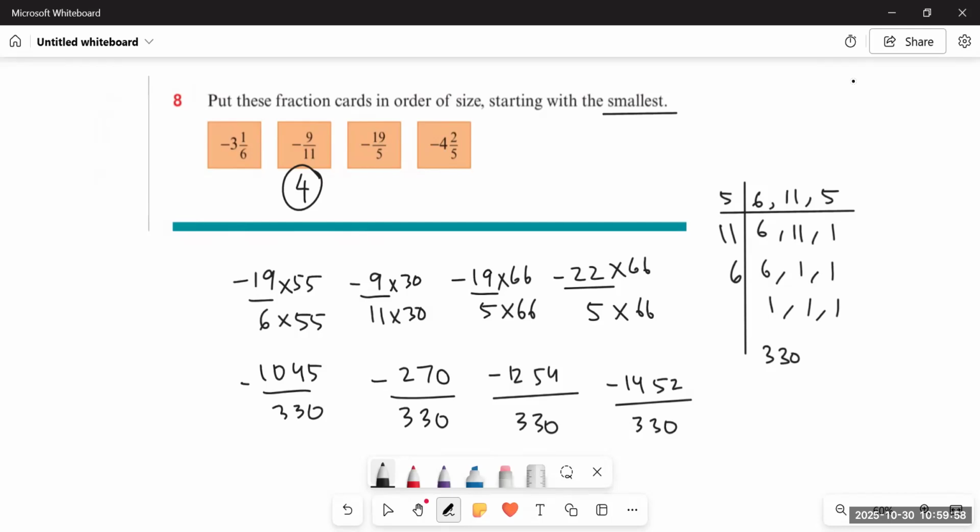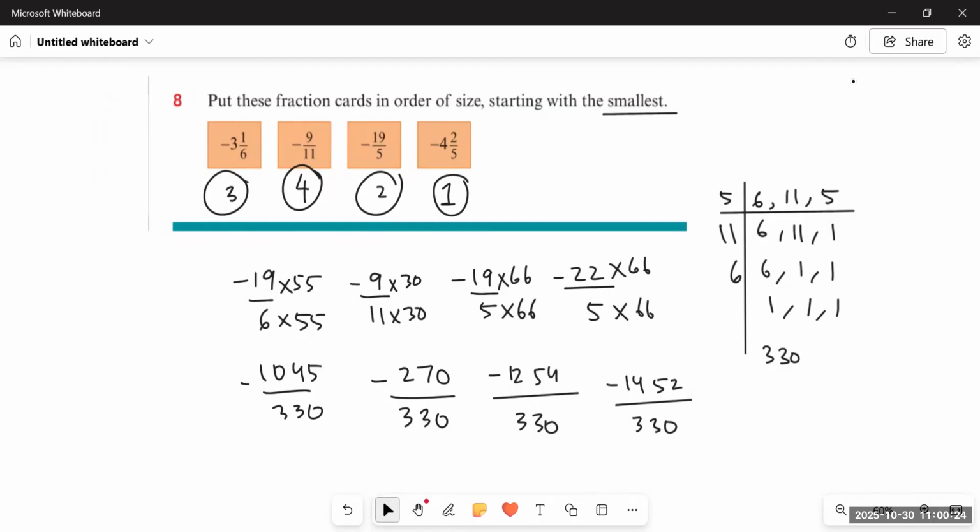But since they are negative numbers, among these three, 1045 would be the largest, 1254 would be second, and 1452 would be the smallest. So we can say that this one is the smallest, minus 4 whole 2 over 5. Then comes minus 1254 over 330. And the third one is minus 3 whole 1 over 6.